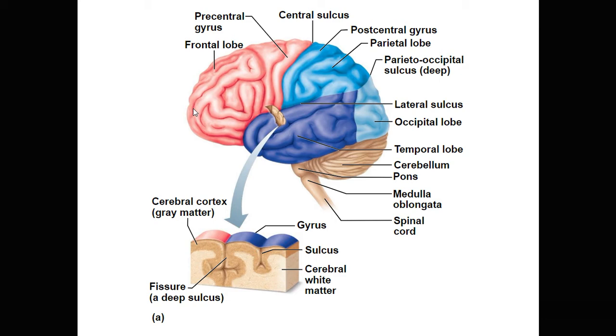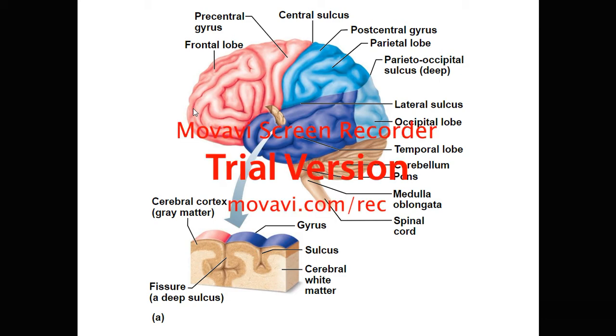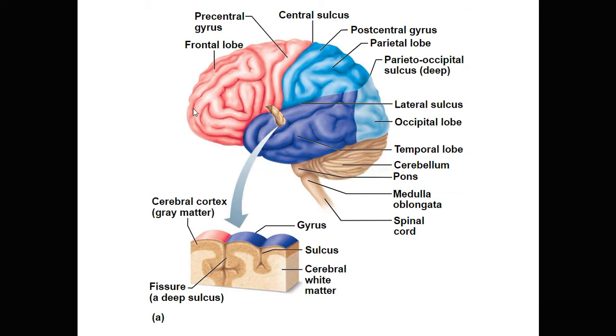The patient no longer had the ability to hide his emotion, and he always said inappropriate things. So his emotional regulation was lost. Through injuries like this, that's how they figured out functions of the frontal lobe.